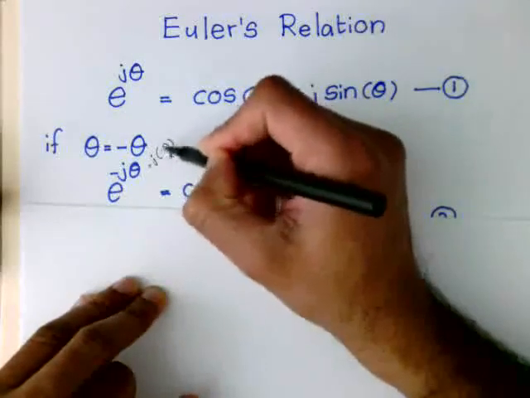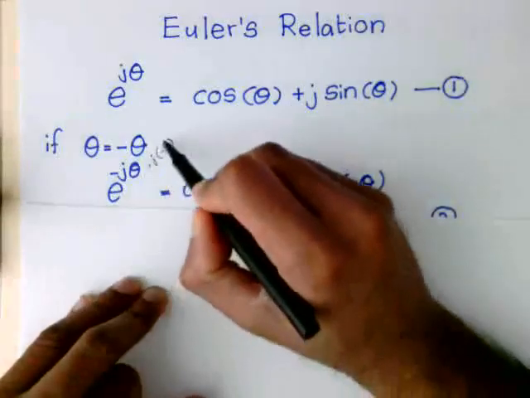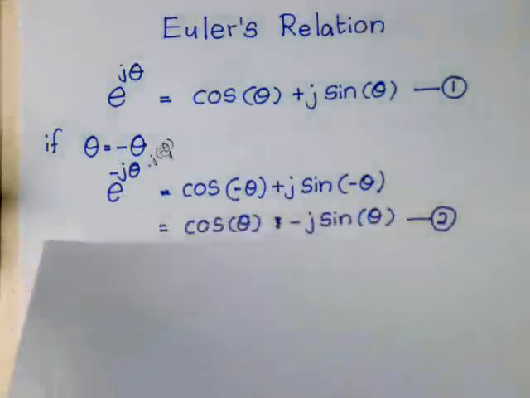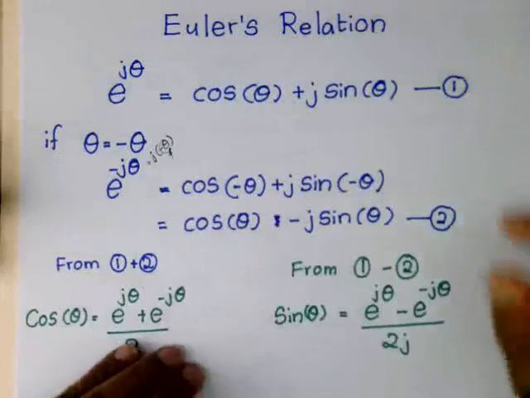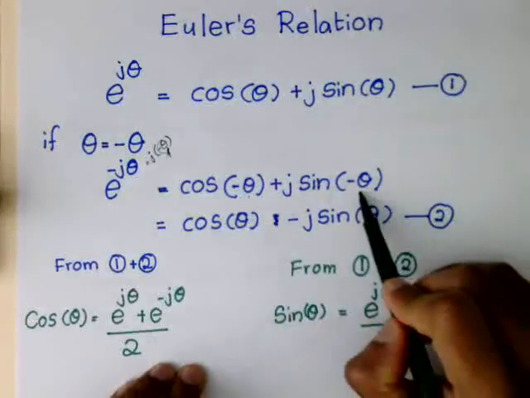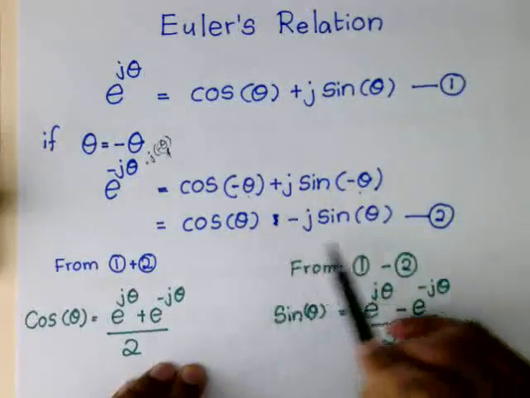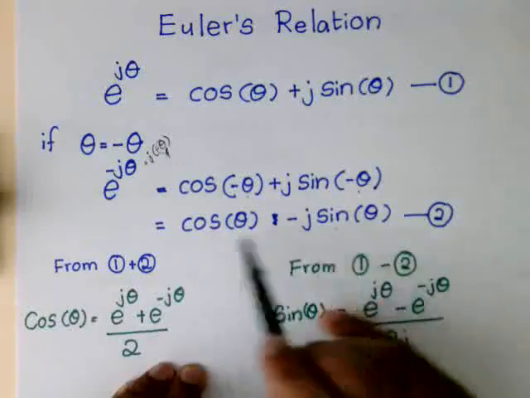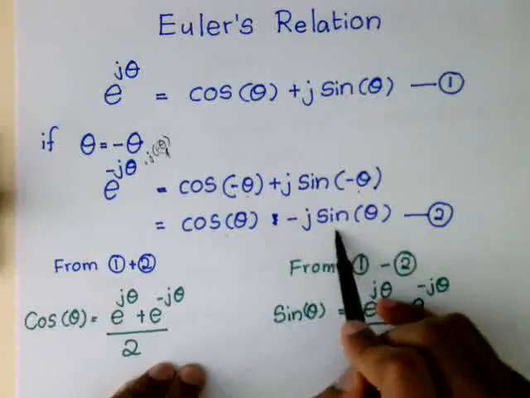We're going to talk about the frequency aspect in a little bit. So our relationship is going to break down into cosine of negative theta and j sine of negative theta, which can be further simplified into cosine theta minus j sine theta.